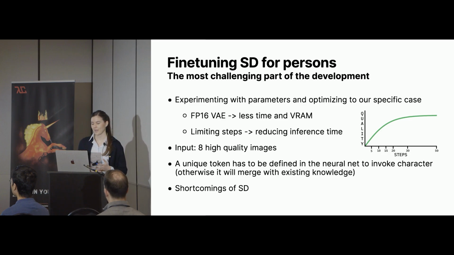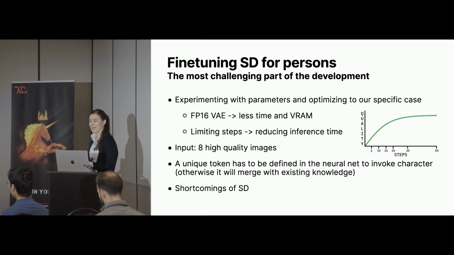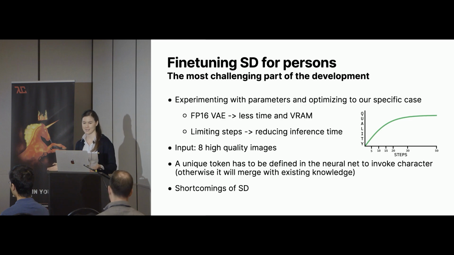And the second one, we realized that Stable Diffusion does the inference with 50 steps. So when we give Stable Diffusion a prompt, it starts with a noisy image, and it creates the desired picture within 50 steps.